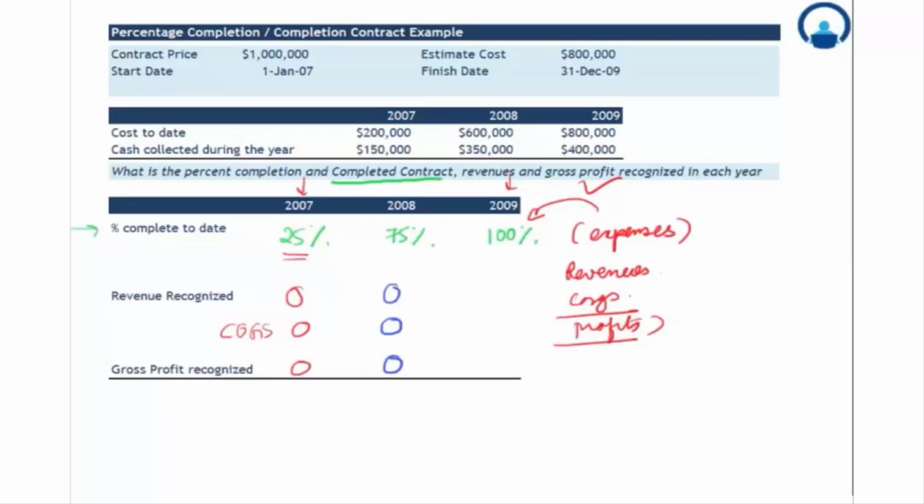Now coming to 2009, we notice that the revenue recognized will be the full 100% of the revenue. This is 1 million, and the cost is basically $800,000. So what we note here is that the gross profit in year 3, or 2009, is reported as $200,000. So this is how the key difference between completed contract and percentage completion actually pans out.